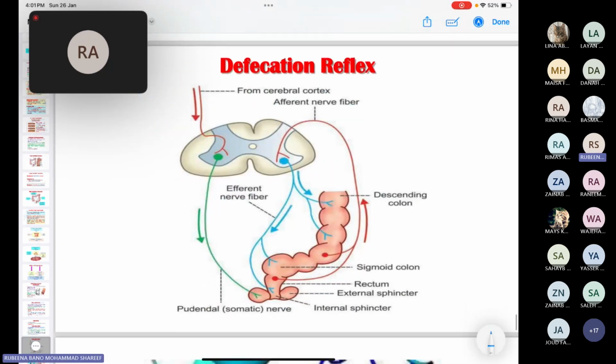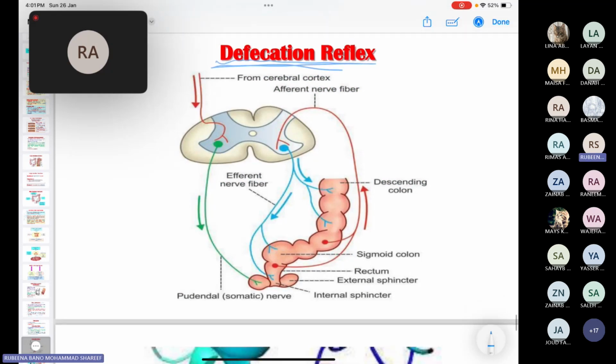Okay, this diagram shows the defecation reflex, right? So this is your sigmoid colon. As I said, this is the site for storage of feces. So feces is stored here, right?